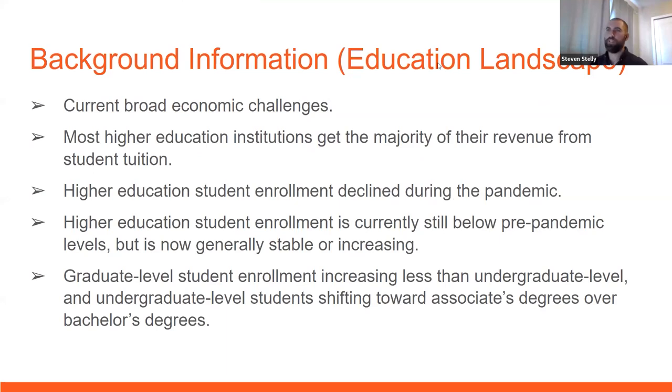So a little background information here. Kind of what's going on right now: education and higher education have existed for many, many years. Currently we have broad economic challenges, right?